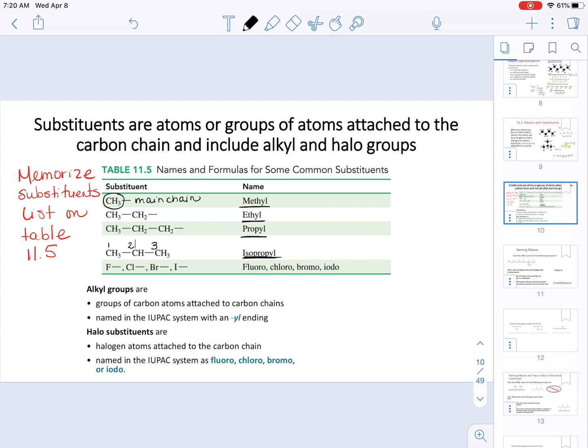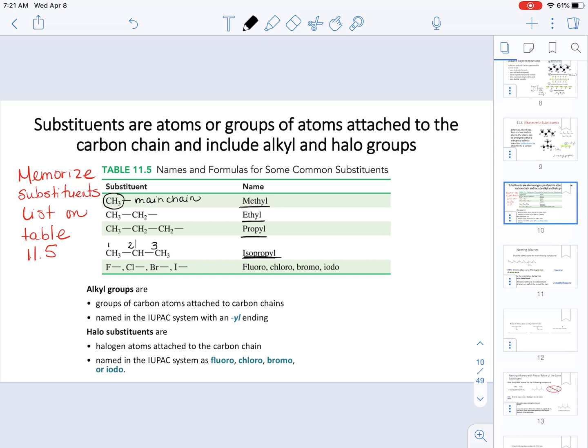The other type of substituent that we will be encountering in this course, which is not formed by carbons and hydrogens, are the halogen groups. As you can see, for fluorine, we call it a fluoro group. Chlorine, we call it a chloro group. Bromine, we call it a bromo group. And iodine, we call it an iodo group.